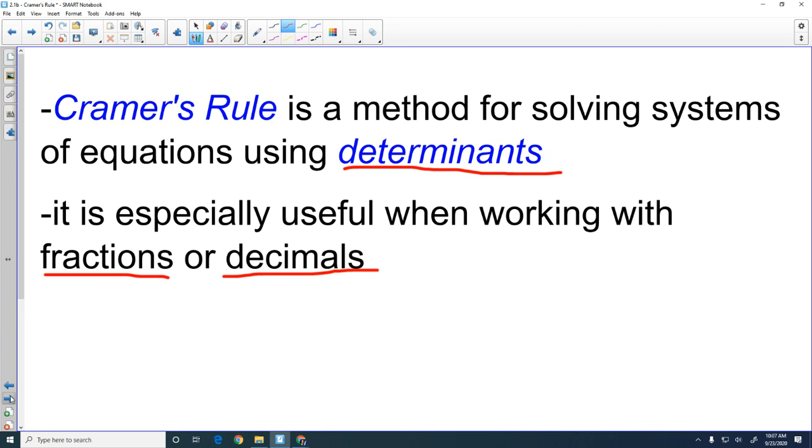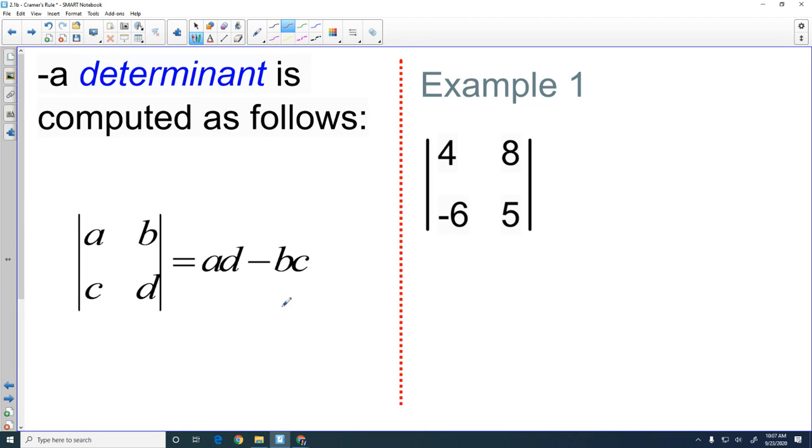Let's get started. So first off, what is a determinant? This is a new term for you. A determinant is a special calculation that you use for a grouping of numbers. The setup is kind of weird because the determinant has these vertical bars, which looks like absolute value, but it's not around one number.